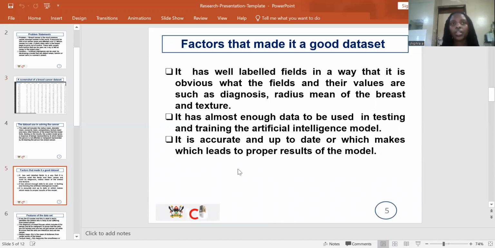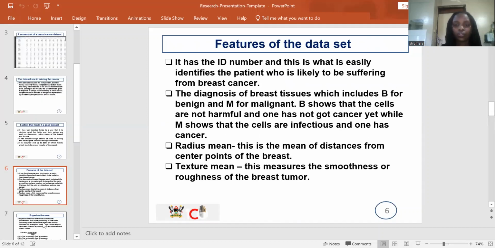It is also accurate and up to date. The data is so recent, meaning the results from the model are reliable and they apply to the day-to-day living of women.